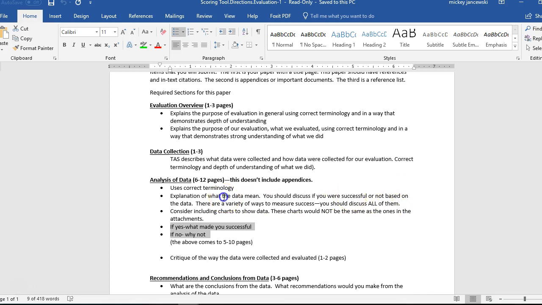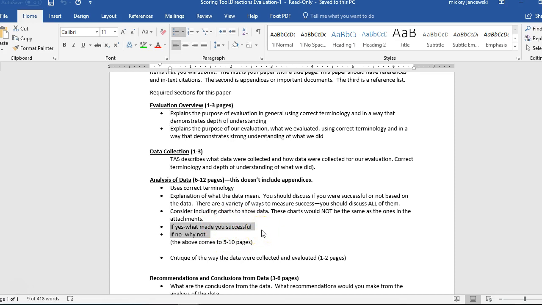So up here, you might say, chi-squares for this class showed that this class did more poorly than all the other classes. But in looking at the data we have, here are a couple problems that may have occurred. That's this section. This section would be, when you look at the data for all the classes, we seem to have been very successful in this question, not so successful in this question, and some reasons why that may have occurred are.